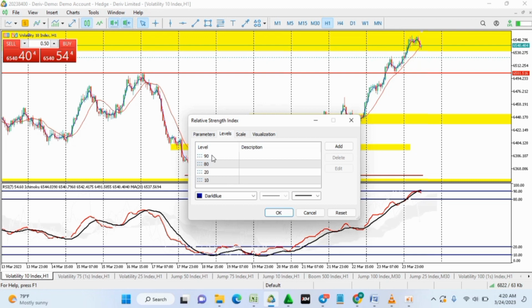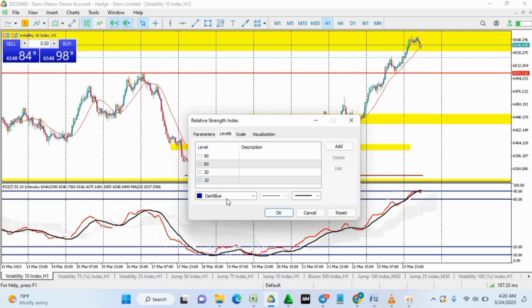So on the 70, you click on edit, then you put there 90. Then on 30, you click on edit, put there 80, then you go to the next level by clicking on add, put there 20, and 10, right, using the add and the edit button.